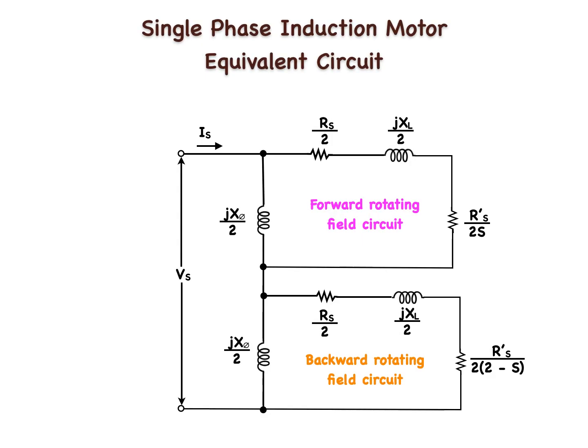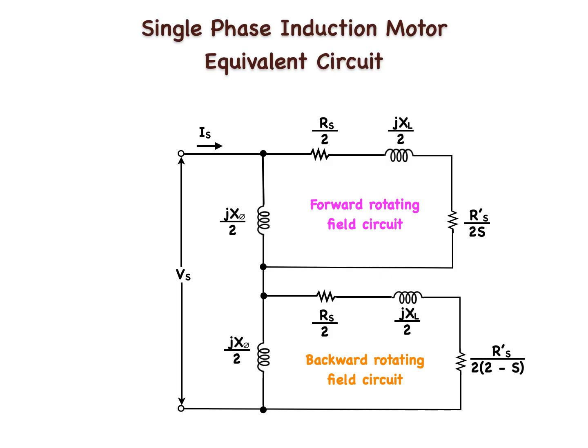The no-load test gives us the total magnetizing reactance, Xphi. We divide it by 2 to account for the forward and backward rotating fields in the double revolving field circuit model. Each branch gets half of the magnetizing reactance.